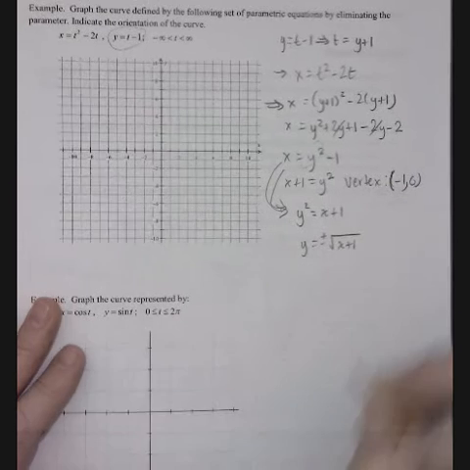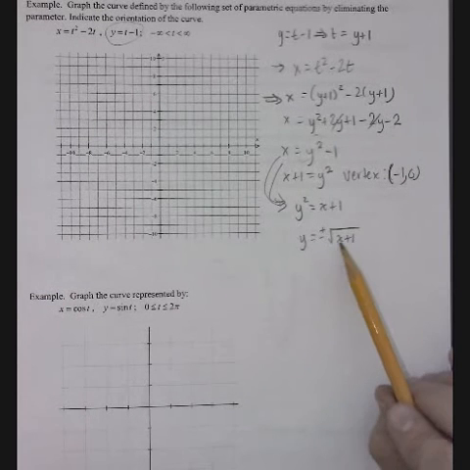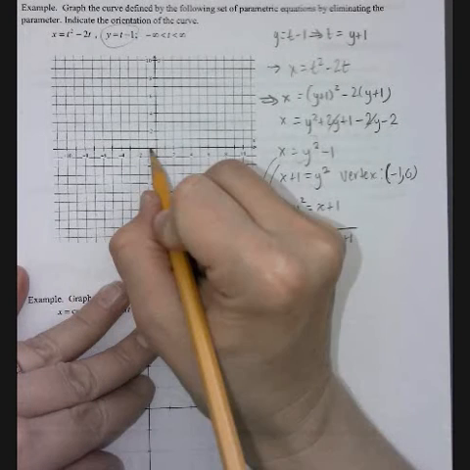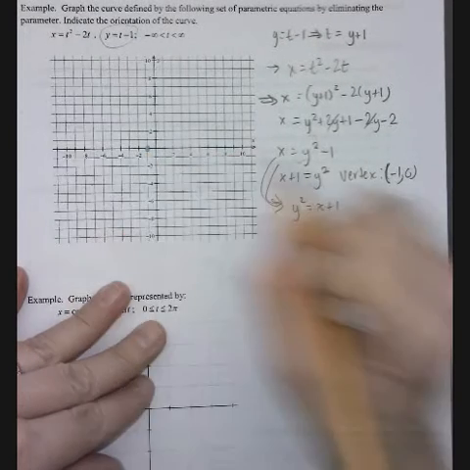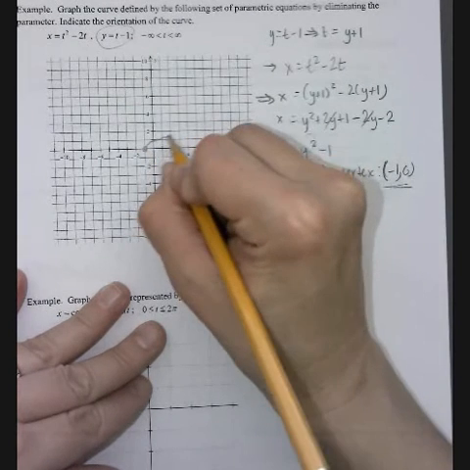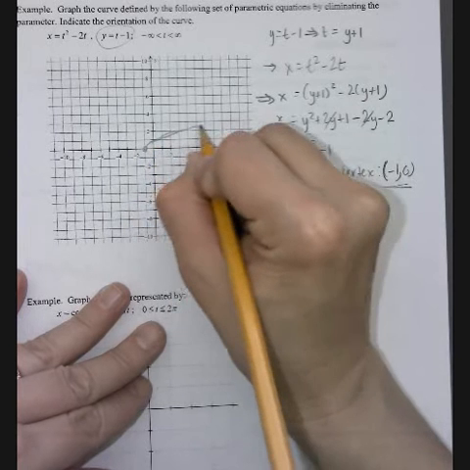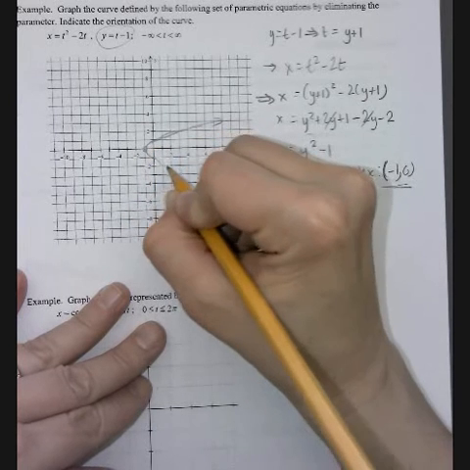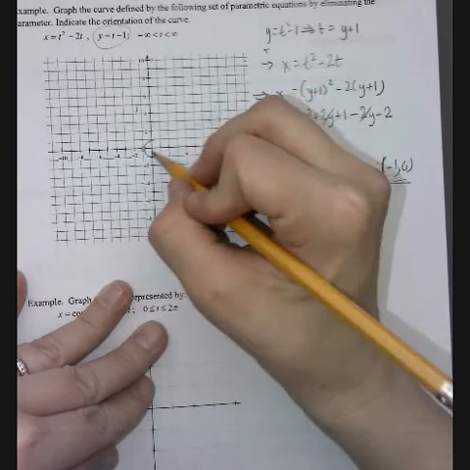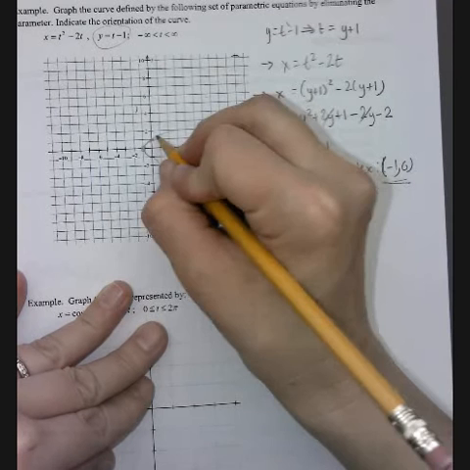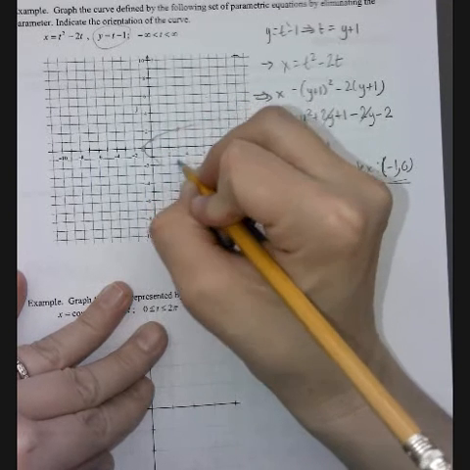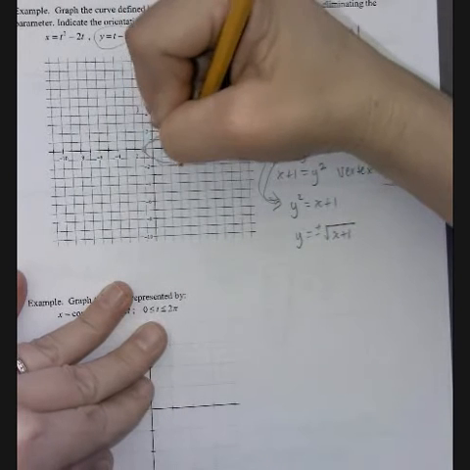So you would take the square root function and shift it back 1, and then you would end up here, which is the vertex that we got, and then you'd have the upper half of a parabola would be the positive square root, and then the lower half, so I should go out 4, up 2, down 2. This would be the minus square root of x plus 1.